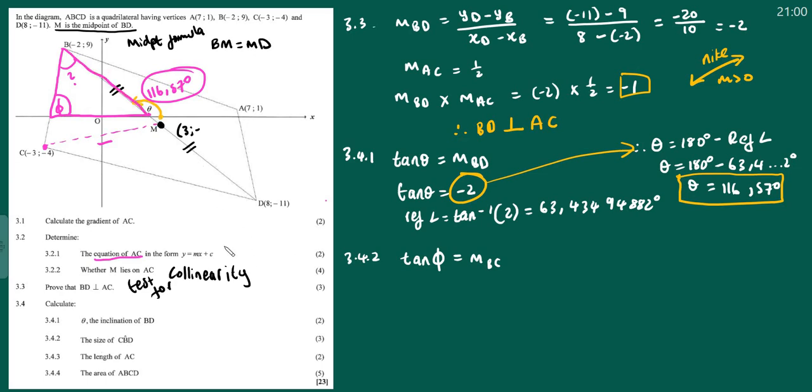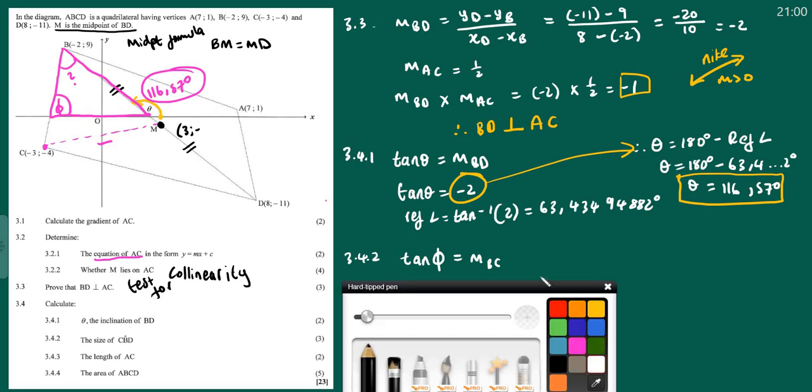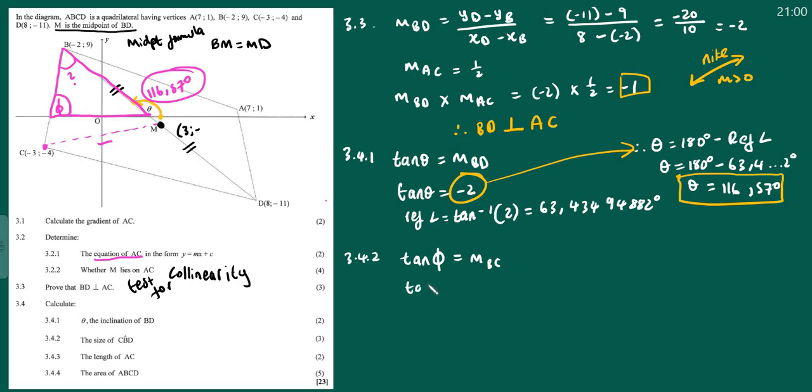So you must always check that. Can you not do something, especially when they've already asked you to calculate a certain angle of inclination? So tan phi will be equal to, I think we didn't calculate the gradient of BC. The gradient of BC will be 9 minus negative 4 over negative 2 minus negative 3.